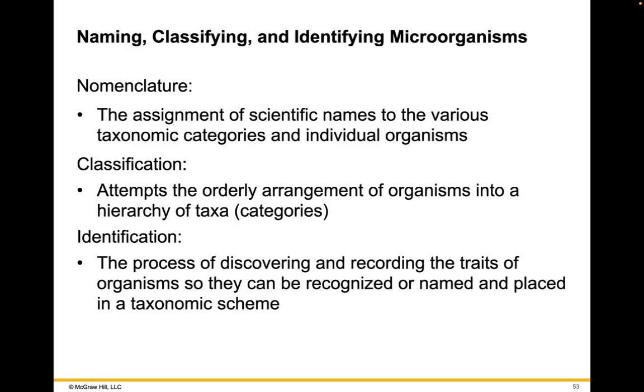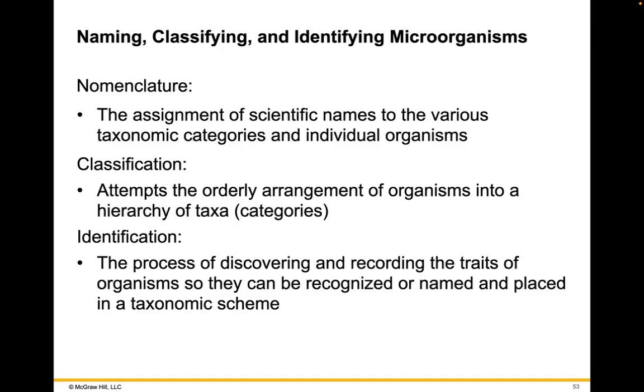Now, nomenclature, as I mentioned, is the assignment of a scientific name, naming organisms, using categories and individual organism names. And we can classify them. And this is an attempt that is constantly changing right now, to orderly arrange organisms into a hierarchy of taxa or categories.